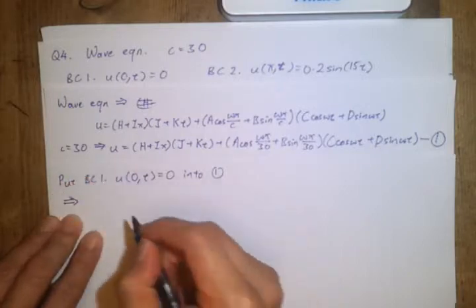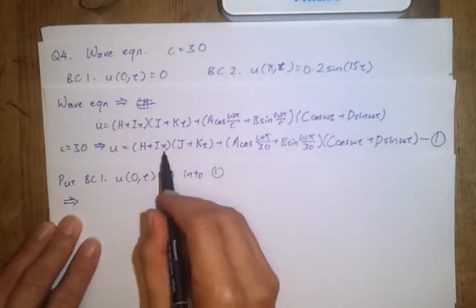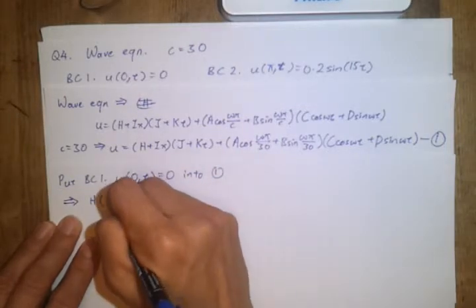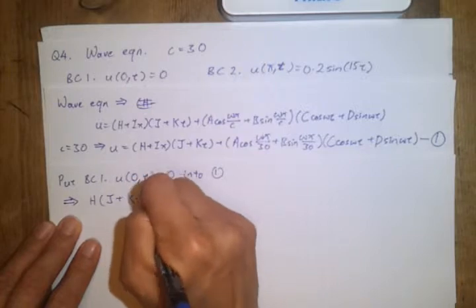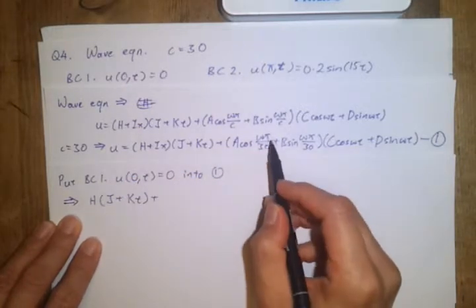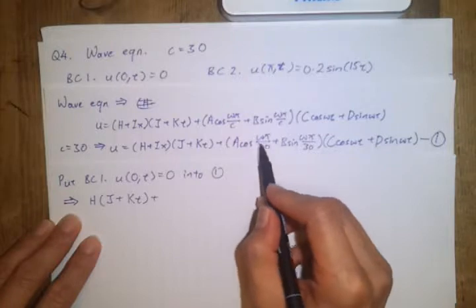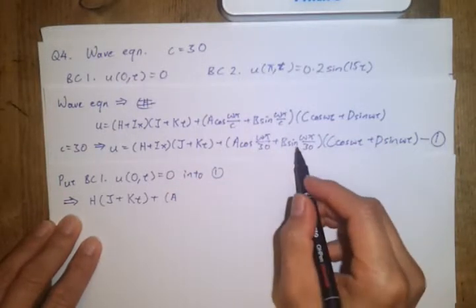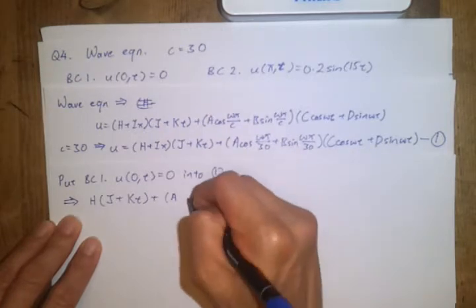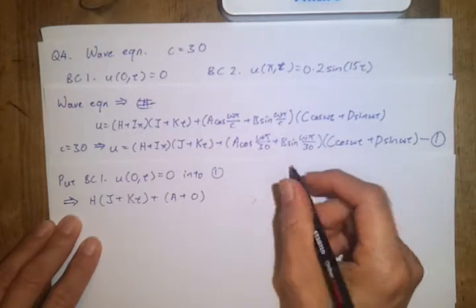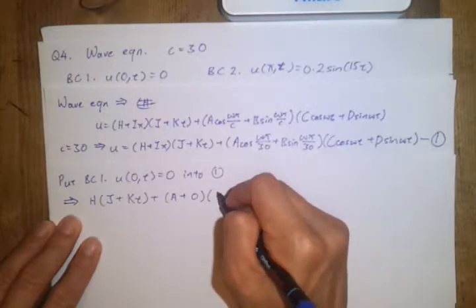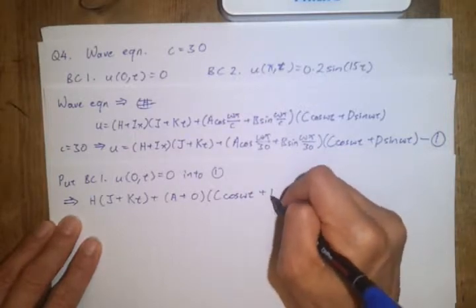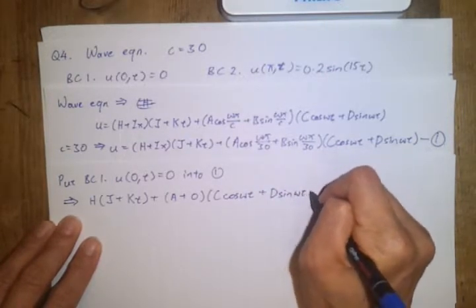Putting x equals 0, I get h times j plus kt, plus, cos 0 is 1, so you get a; sine 0 is 0, so b times 0 is 0; you have c cos omega t plus d sine omega t.